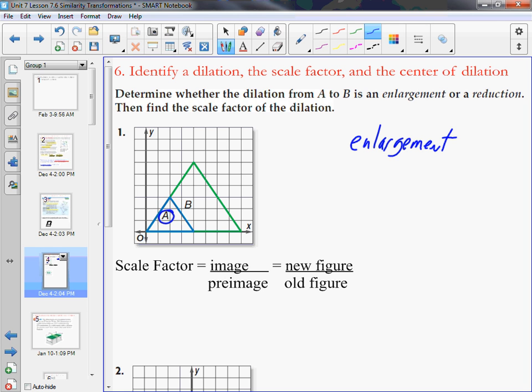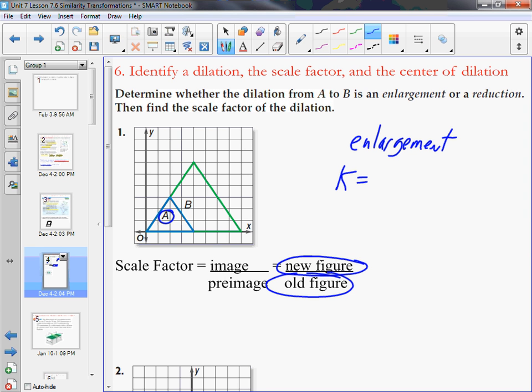Then we have to find the scale factor. The scale factor always goes new over old. I'll use K for scale factor. Make this as simple as you can. All I need to get the scale factor is the lengths of one pair of corresponding sides.